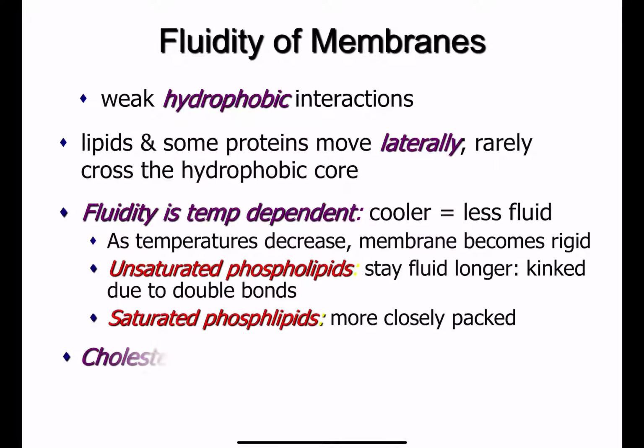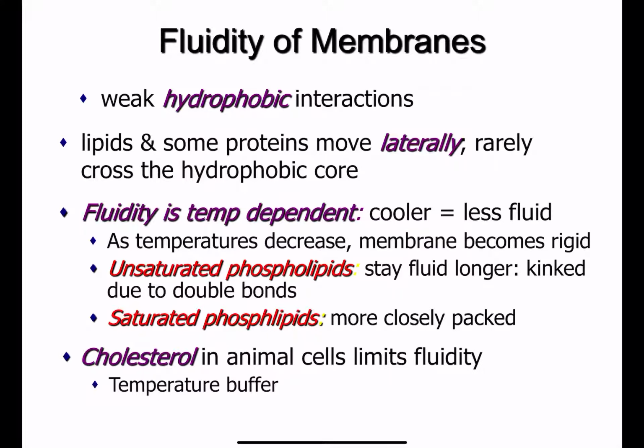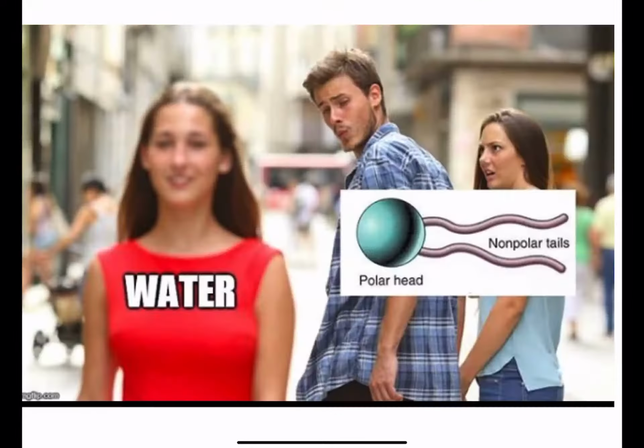So other key things on this, in terms of fluidity, that's what I was just mentioning earlier. In terms of cholesterol, it can act as a temperature buffer. It makes it a little more challenging to actually change temperature. For the most part, cells have to have some type of flexibility.